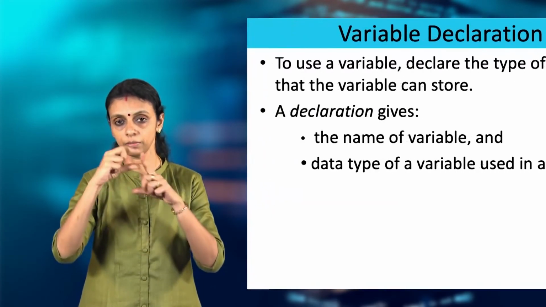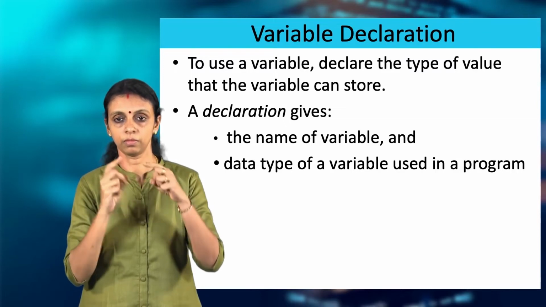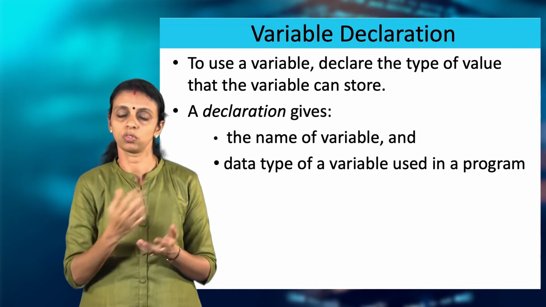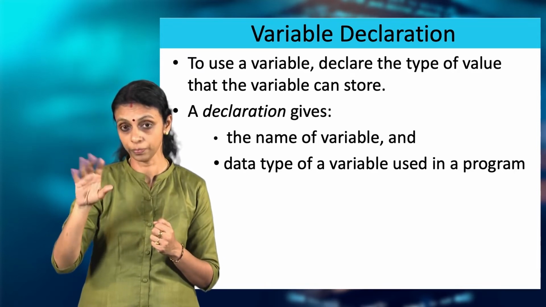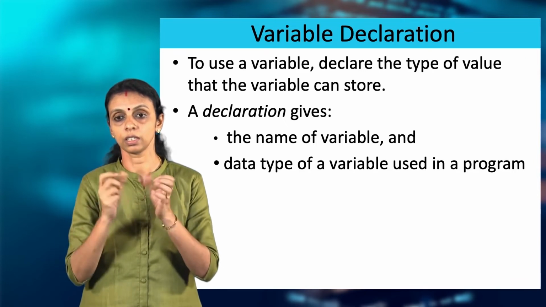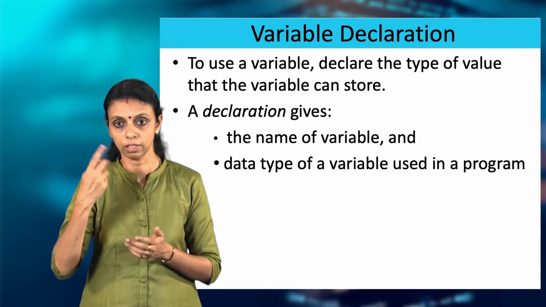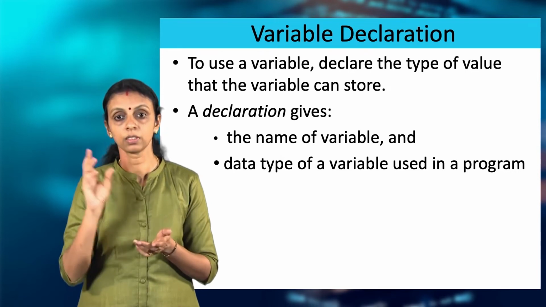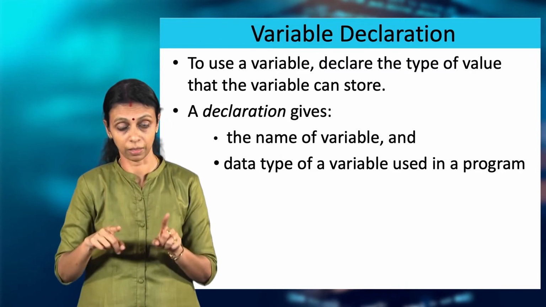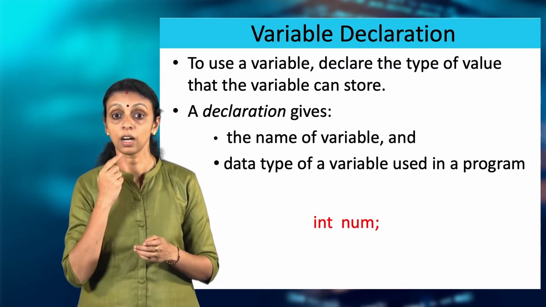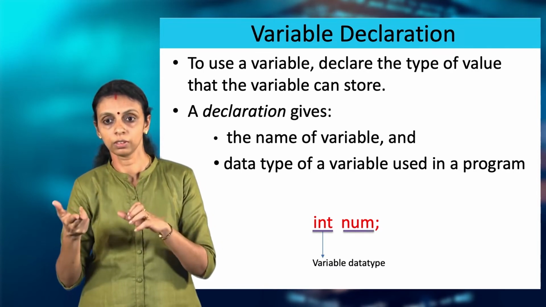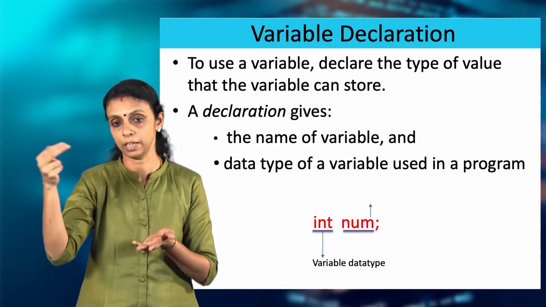Declaration of a variable. When we want to use a variable, we have to declare the type of value that the variable can store. A declaration gives the name of the variable and the data type of a variable used in the program. Here, int is the variable data type and num is the variable name.